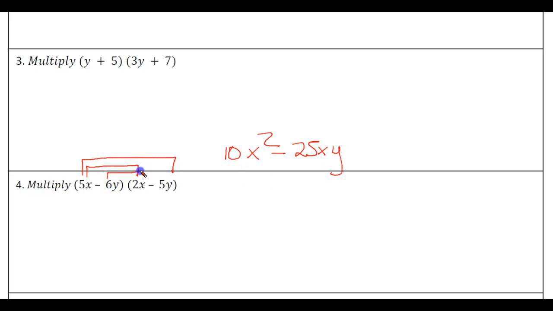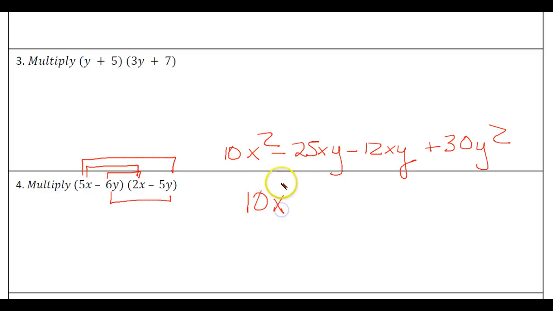My inners, a negative 12xy, and my last, a positive 30y squared. Now notice your middle terms are like terms, so your answer then, as a trinomial, is 10x squared. Group these together, a negative 37xy plus 30y squared.